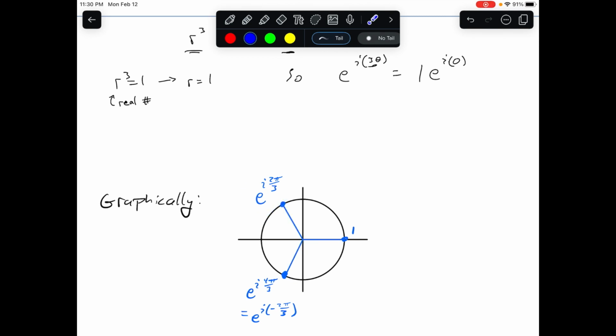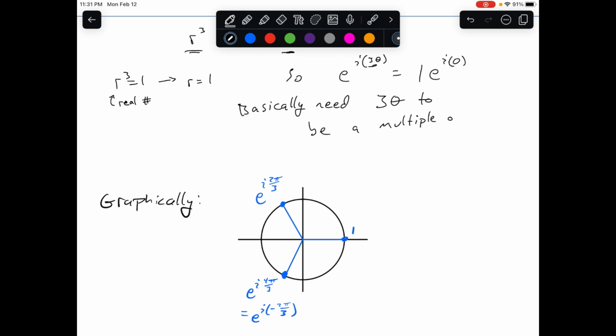This is e to the i times 2 pi thirds, or e to the i times 4 pi thirds. If you were to take either of these angles and add it to itself 3 times, you're just going to get 2 pi or a multiple of 2 pi. So mathematically, what we need is 3 theta to be a multiple of 2 pi.